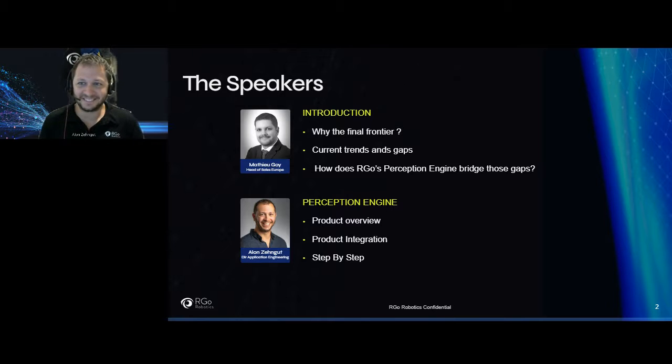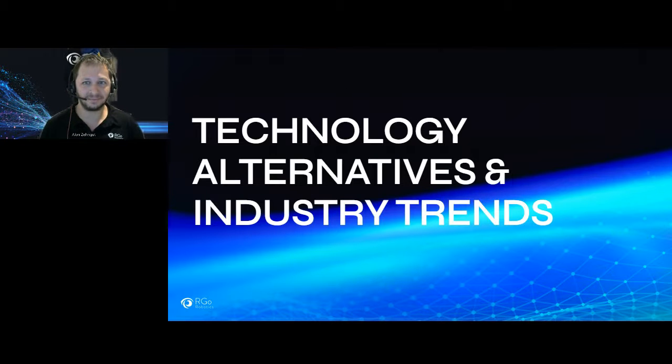Thank you. So we named this webinar the Final Frontier for AMR and robot localization. I thought it would be interesting first to take a step back and have a look at the current trends and technologies in AMR, and try to understand them a little better.